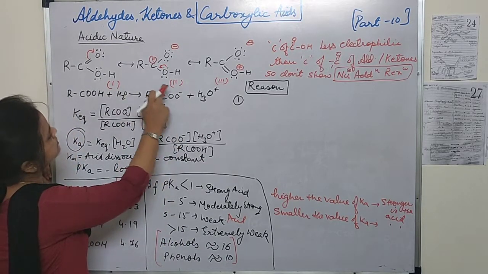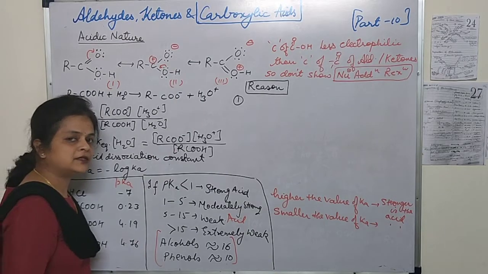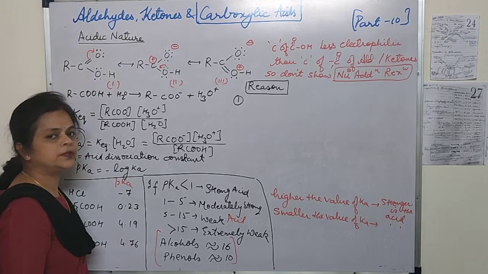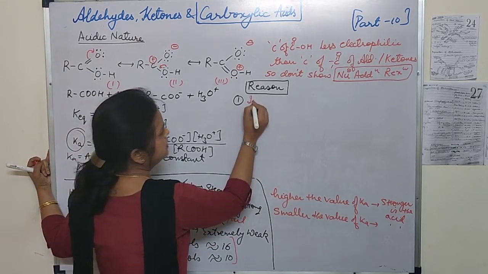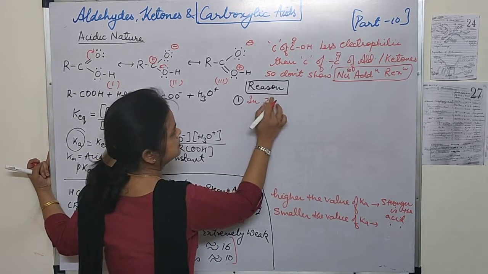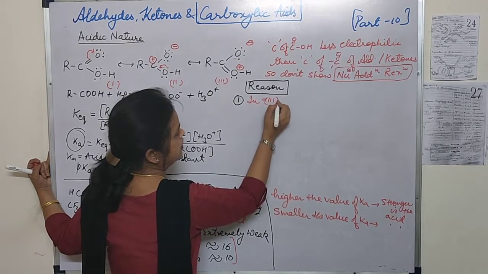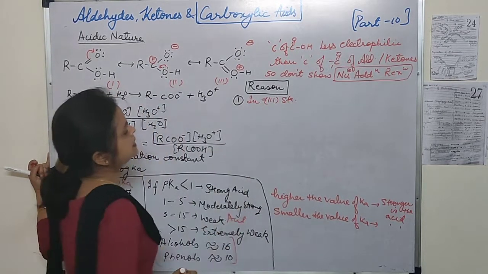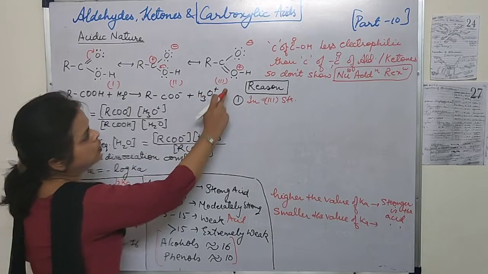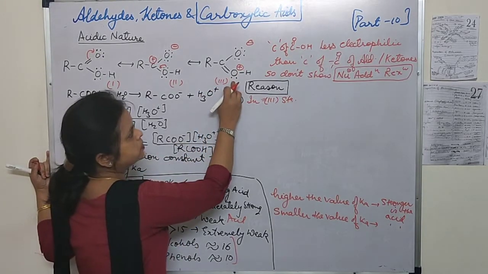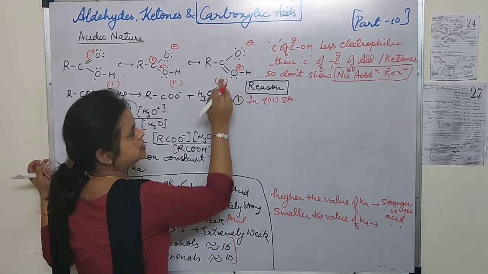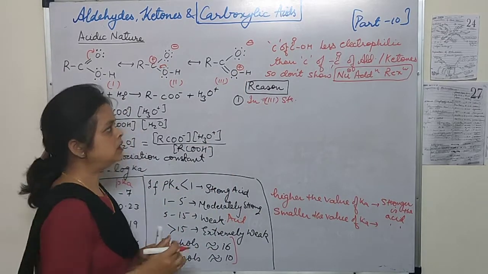Here, because of these resulting structures, we can explain why this COOH group is acidic in nature. First of all, in the third structure, you just see that oxygen has the positive charge. Because this oxygen has a positive charge, that means oxygen is electron deficient.